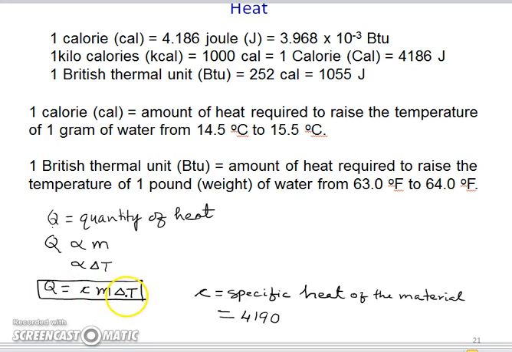Delta T is degrees Celsius or Kelvin. So we can say joule per kilogram per degree Celsius. So the specific heat of water is 4190 joule per kilogram per degree Celsius. This quantity we'll use very often.